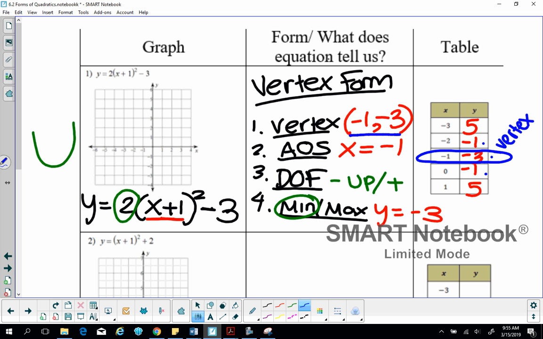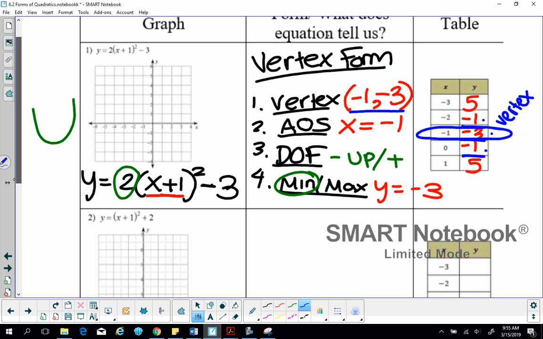Notice it is the same vertex we found from the equation. So to find your vertex from a table, you look for the bump, where your y values go from a number to a different number and back to that same number. Does that make sense? Yes, no, maybe? Okay, let's try the next one.